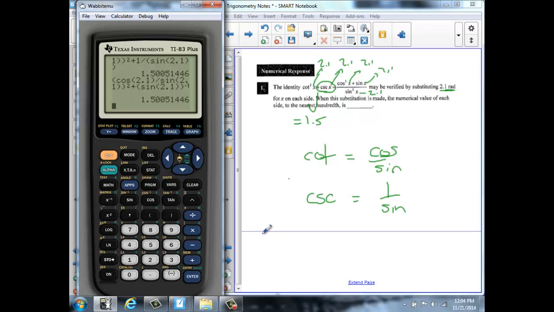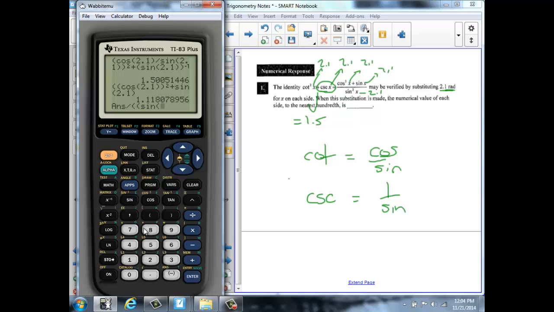What should the other side of the equation also equal? 1.5. Let me see that I can make that work as well. So that would be doing bracket cosine 2.1, bracket squared, plus sine of 2.1, bracket, and then I'm going to have to divide that all by bracket 2.1, close those brackets, and then make sure that it's squared.